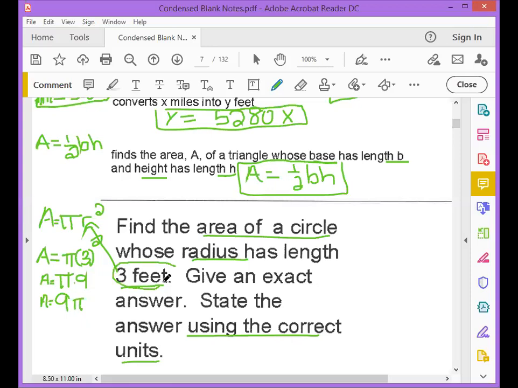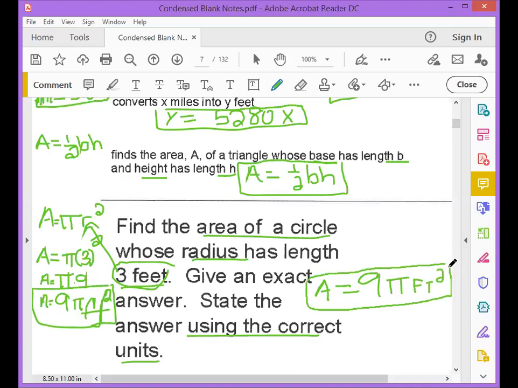Our units are feet. But since we're calculating area, we should have feet to the second power. So our area would be 9 pi feet to the second power. That's our unit.